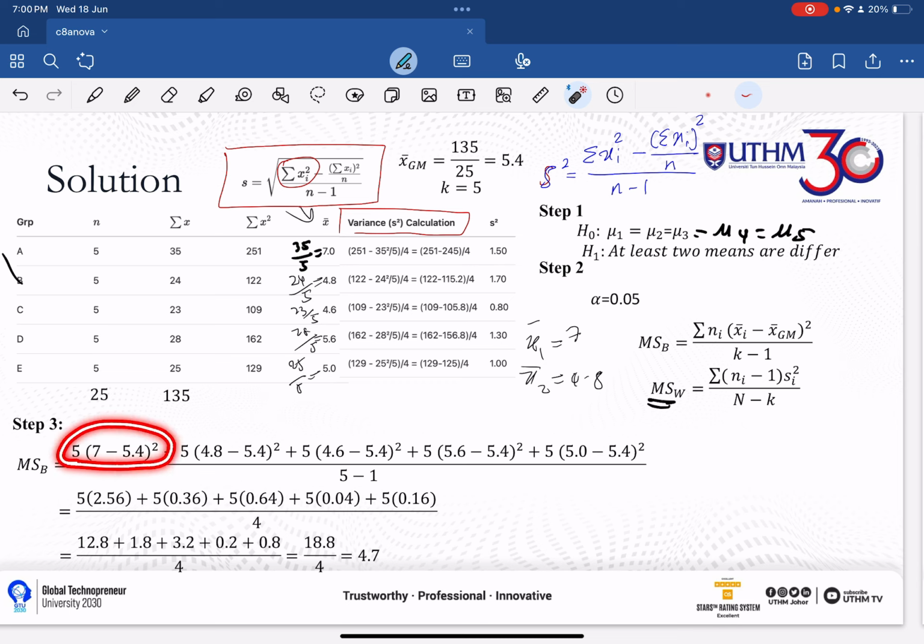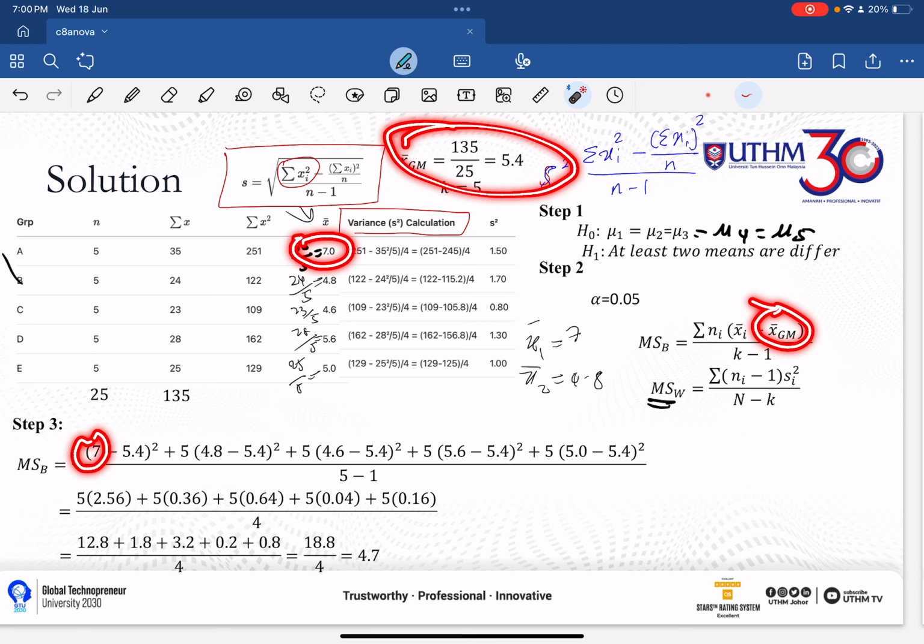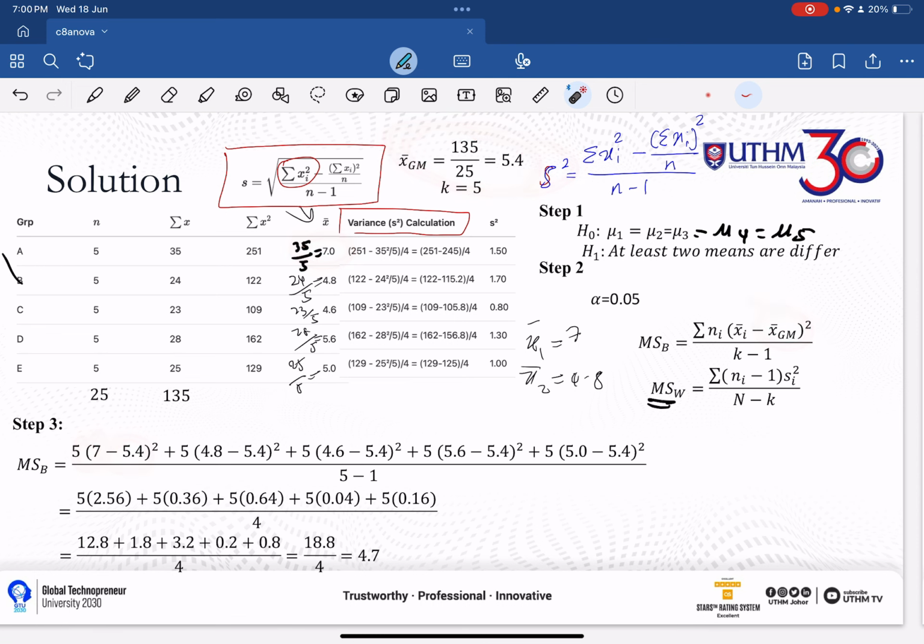So here is for group A, n is 5, mean is 7, minus the grand mean 5.4. We square the value and then plus group B, 5, 4.8 is the mean for group B, and then minus the grand mean, and then we square, and so on until group E, n is 5, the mean is 5, minus the grand mean 5.4, then we square.